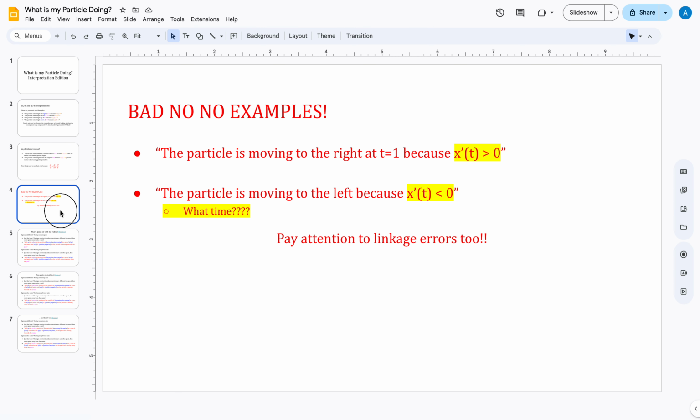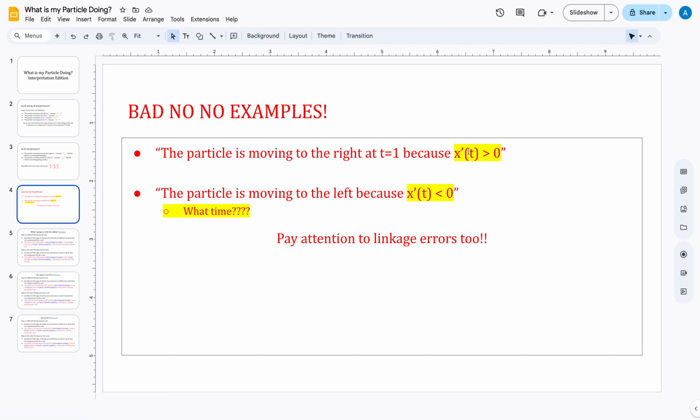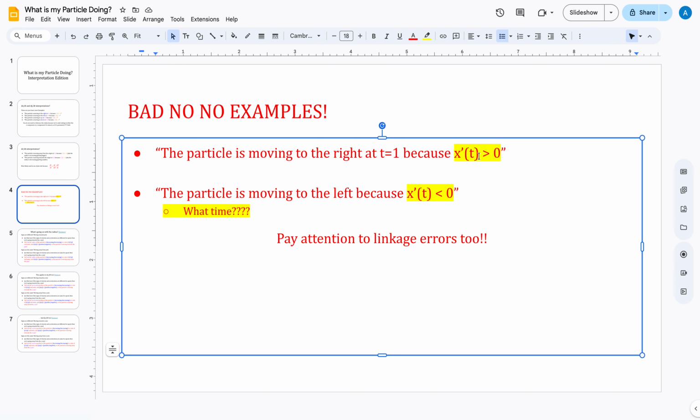All right. Your notation is going to be very important in terms of your interpretation. So in this case, the particle is moving to the right at t is equal to 1 because x prime of t is greater than 0. Well, notice how we have x prime of t. Explicitly give me that t is 1 right here, so you would say x prime of 1 is greater than 0.